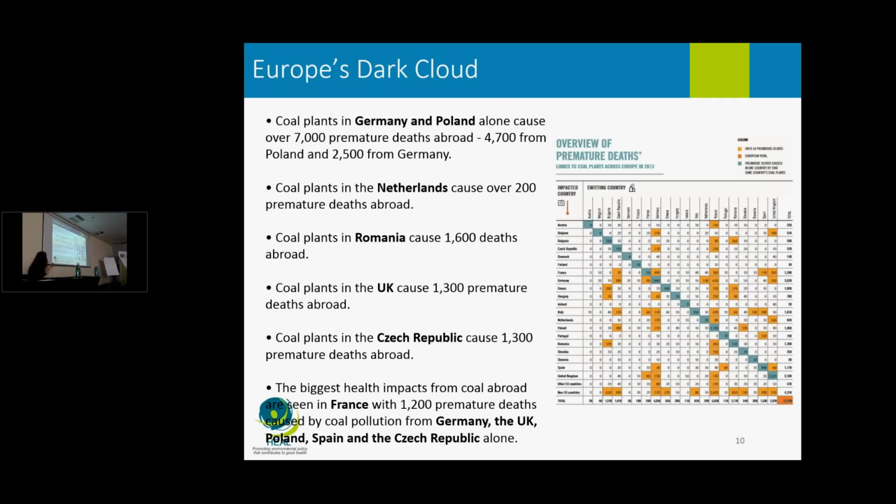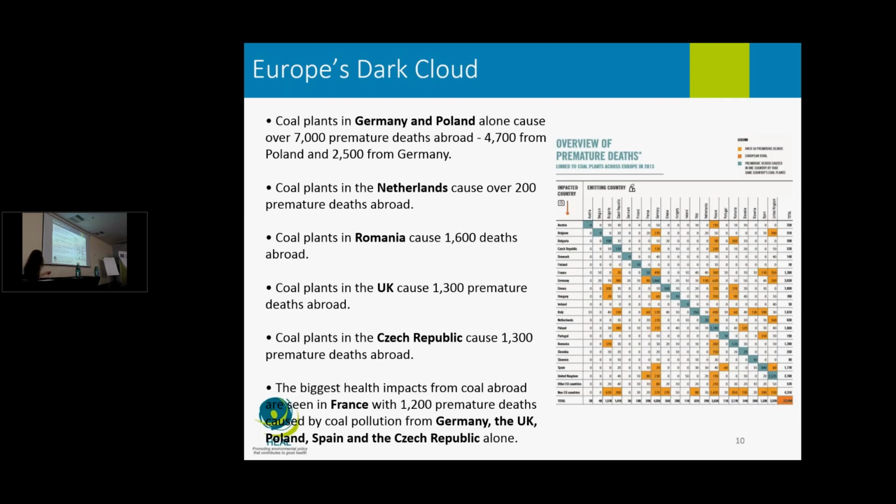Very quickly, as I don't have enough time to speak about all of this, you can see something we call a blame matrix. So how emissions from one country impact air quality in another country and cause particular health impacts and consequences. What's important is that coal plants in Germany and Poland alone cause over 7,000 premature deaths abroad, almost 5,000 from Poland and 2,500 from Germany.